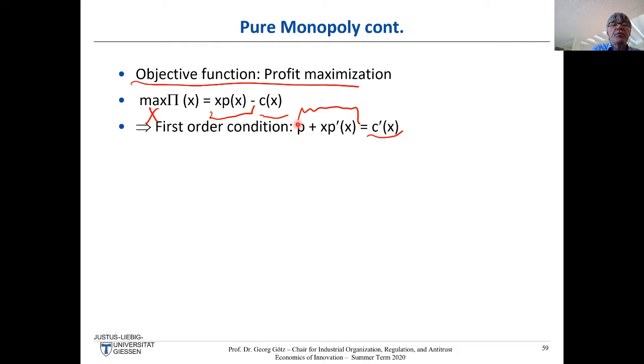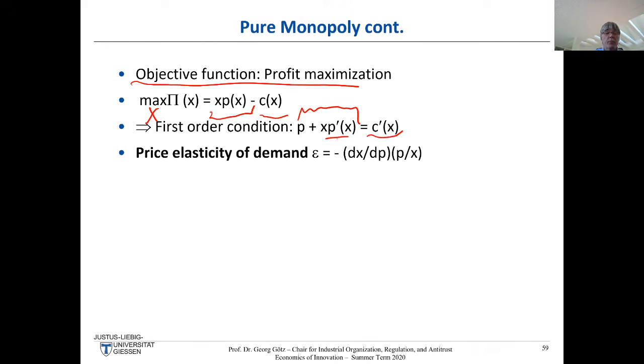So the big difference to perfect competition is that you have this additional part, x p prime of x, namely marginal revenue is less than the price, because if the monopolist wants to sell more units, it has to reduce the price, and as p prime, the slope of the demand curve, is negative. So if you want to sell one more unit, you get the price for this unit, but you have to reduce the price of all inframarginal units which you would have sold anyway.